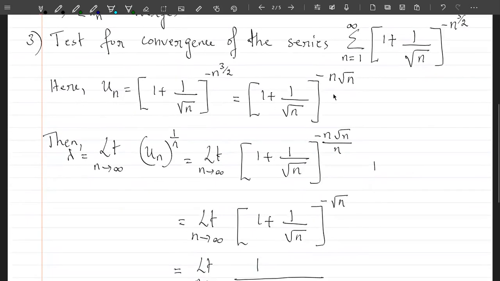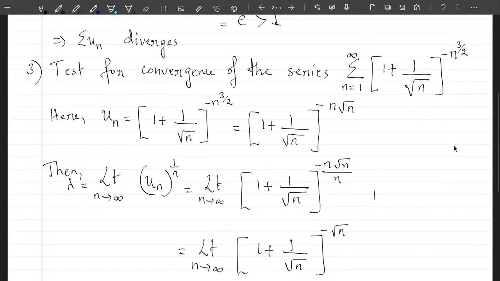Third one, test for convergence of the series summation n from 1 to infinity 1 plus 1 by root n to the power minus n power 3 by 2. So here un is equal to 1 plus 1 by root n to the power minus n power 3 by 2.